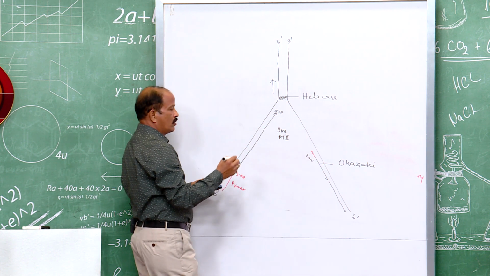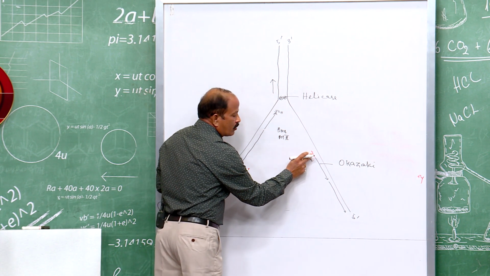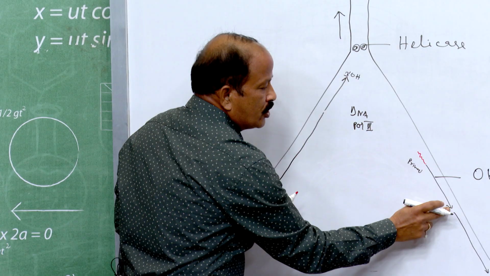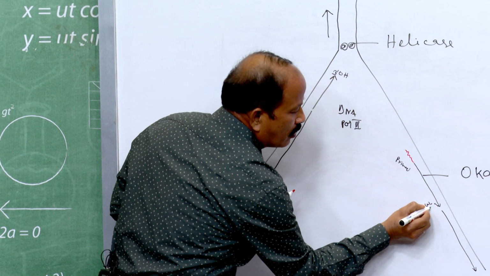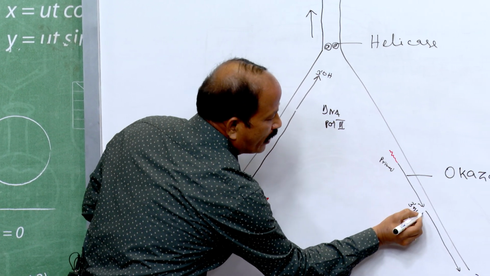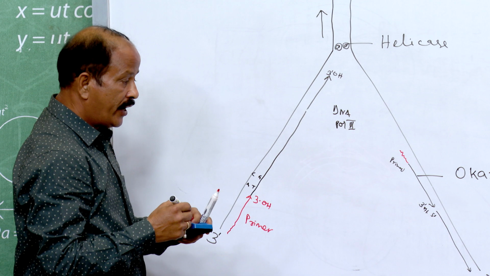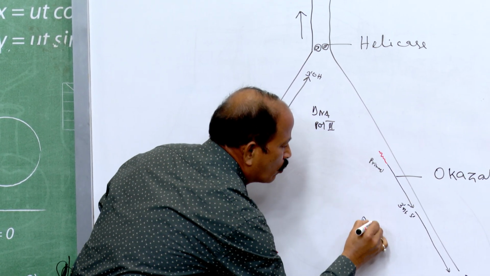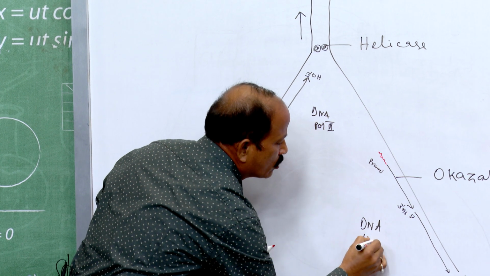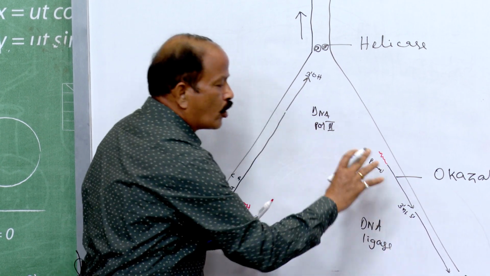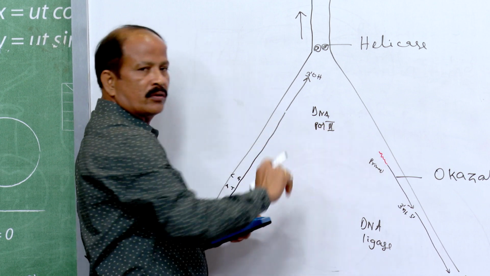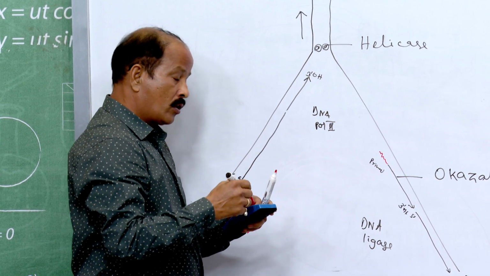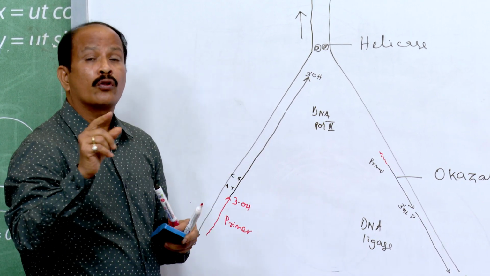How does this happen? Now, this is a primer, and this is the 3' OH end of the DNA. This is the 5' end. Here the enzyme DNA ligase, as we have read, joins this and makes it continuous, but here I want to mention the enzyme involved.